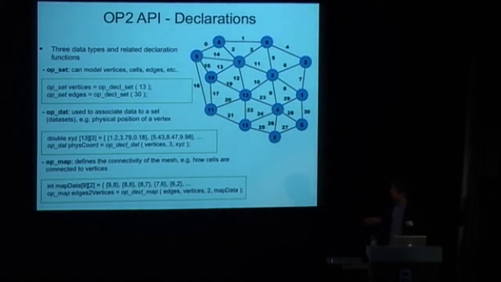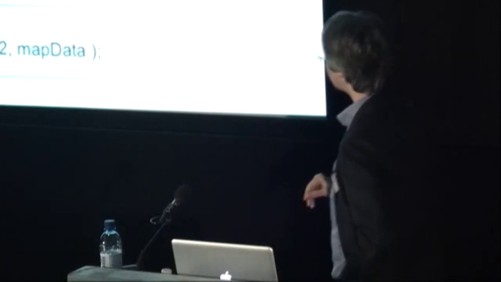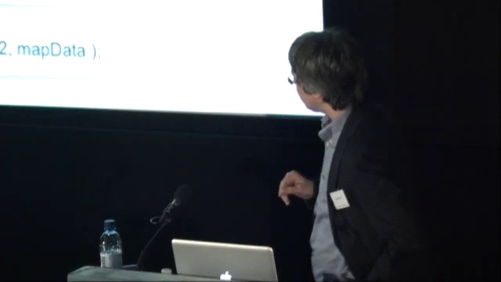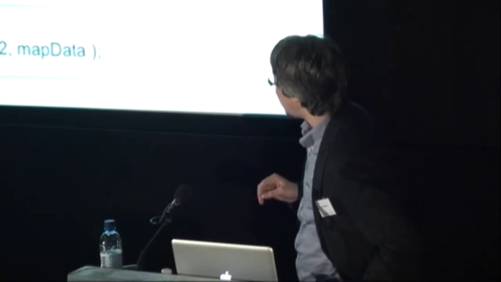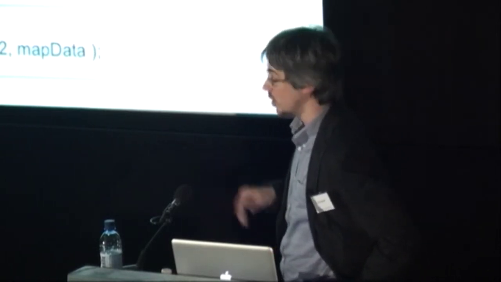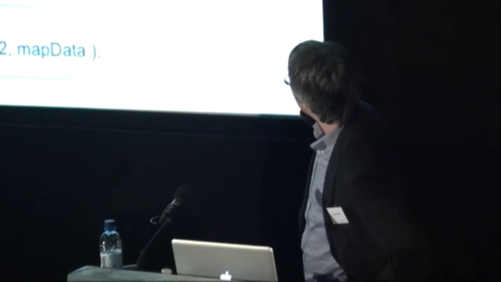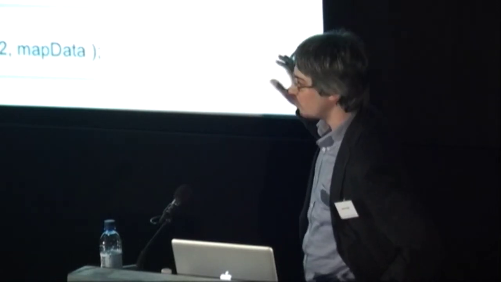You can associate data to each element in a set by using the OP data. For instance, in this example here, I'm associating the 3D coordinates to each vertex. Okay? So the last data structure is the OP map, which is the most important one because it captures the structure of the mesh. So it is used to link elements from different sets.